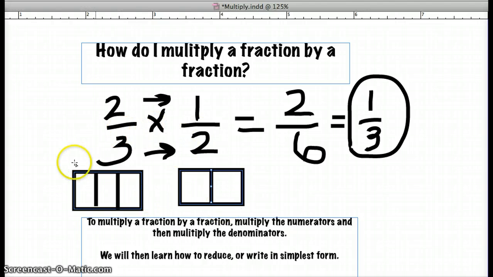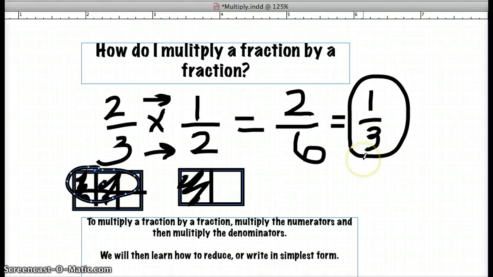Okay? So we have 2/3 multiplied by 1/2. And then what we get is, let me get my tool here, 2/3 times a half gives me the 2/6 on the top, which reduces to 1/3.